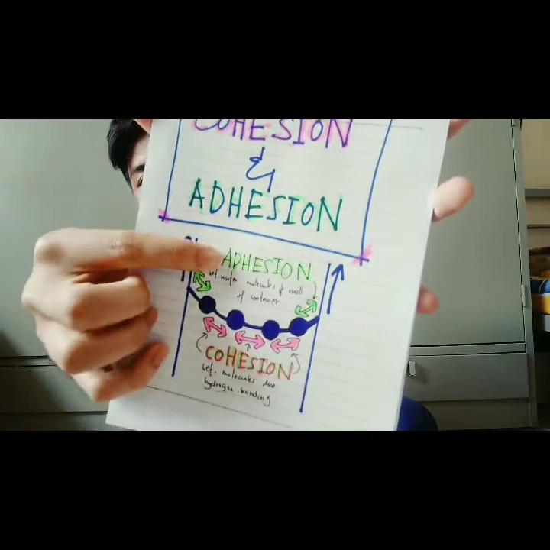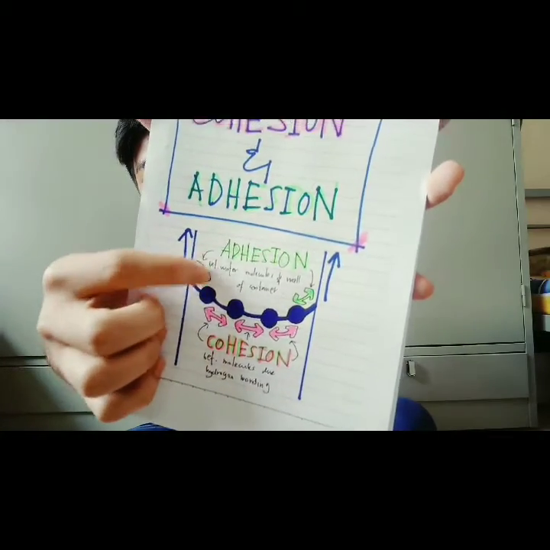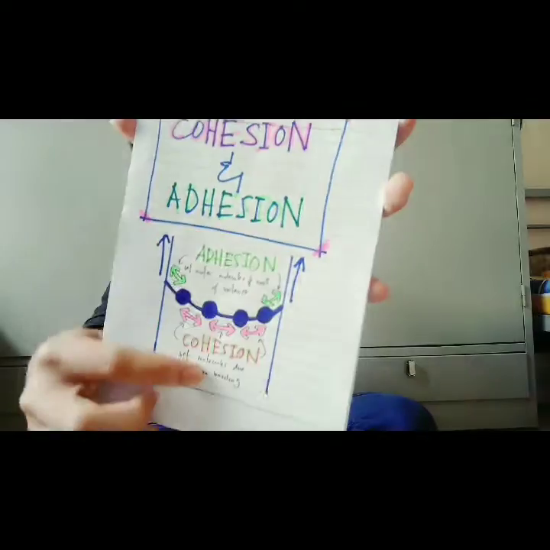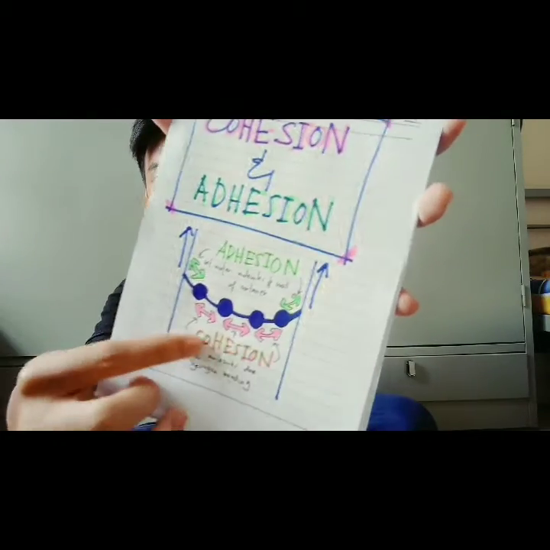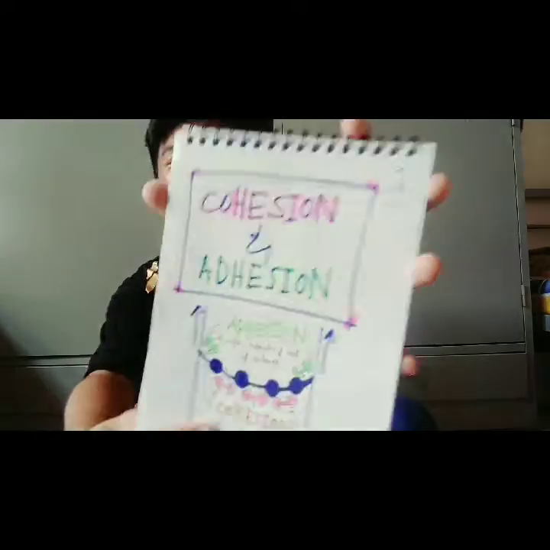This is adhesion for the green arrow that I made, okay, and the other one is cohesion for the pink arrow. Okay, so we move to surface tension.